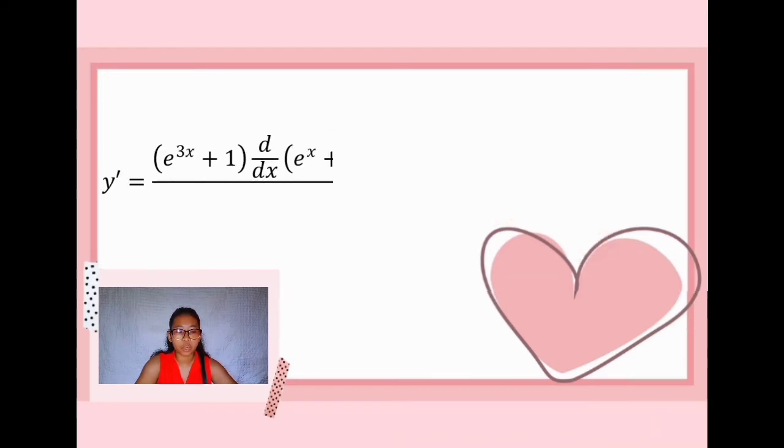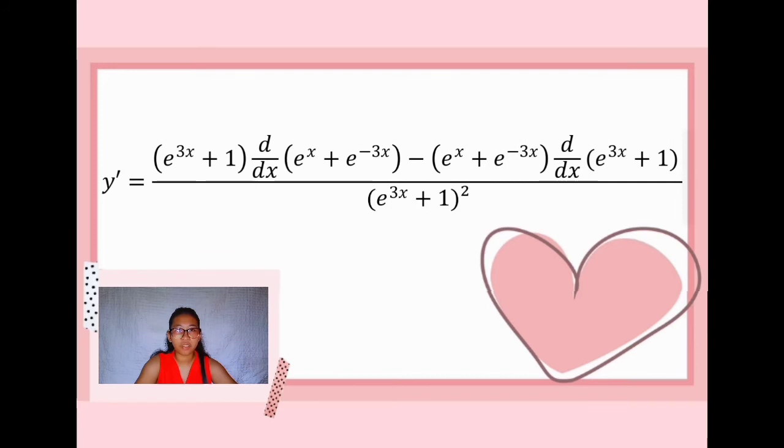So our equation will be the first derivative of y is equal to quantity of e raised to the power of 3x plus 1 times the derivative of e raised to the power of x plus e raised to the power of negative 3x, subtract by the quantity of e raised to the power of x plus e raised to the power of negative 3x times the derivative of e raised to the power of 3x plus 1 all over e raised to the power of 3x plus 1 squared.